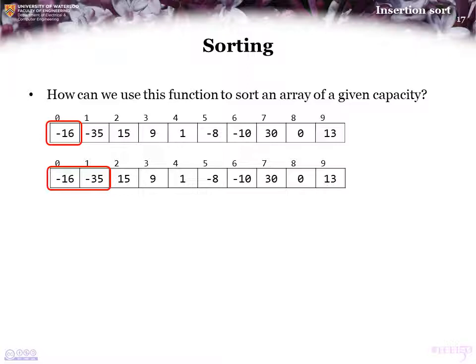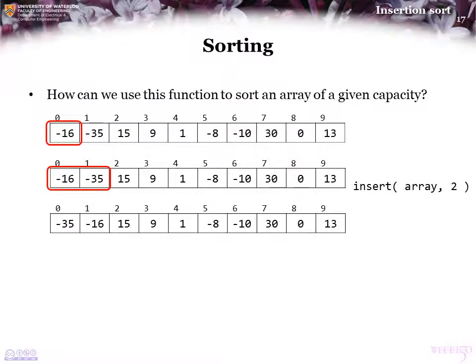Can we insert 35 into the previous array of capacity 1 that is sorted? Well, yes, we can. We can just call insert on this array with the second argument 2. What that will do is it will put 32 into the index 0 location, and it would have moved 16 into the index 1 location.